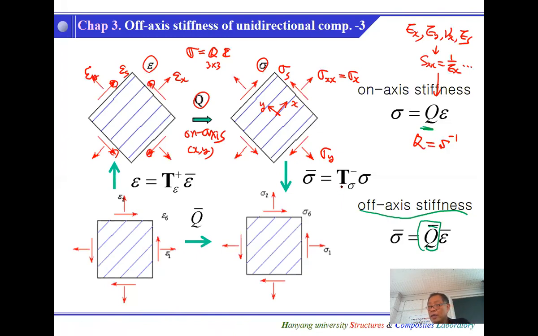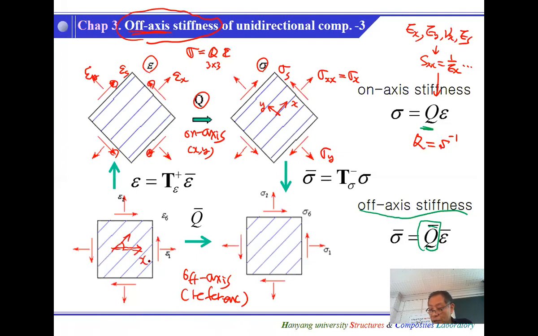Now the point here is how do we get the off-axis stiffness? Off-axis stiffness, or you can call it the reference axis. This one is the on-axis, and this is the reference axis or off-axis.